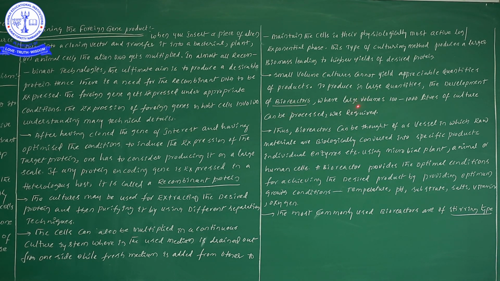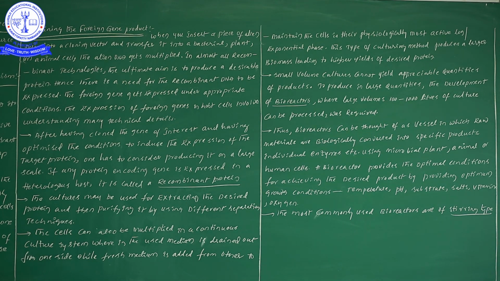The volume of bioreactors is 100 to 1000 liters. If you use such huge stainless steel vessels, definitely we can obtain very huge quantities of proteins.